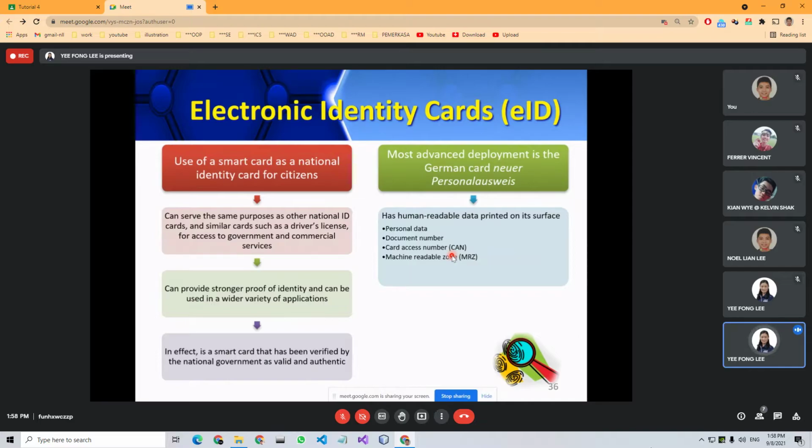Personal data is the name, date of birth, and address. The document number is the number of the card. The access number and machine readable zone are the password to verify the card.